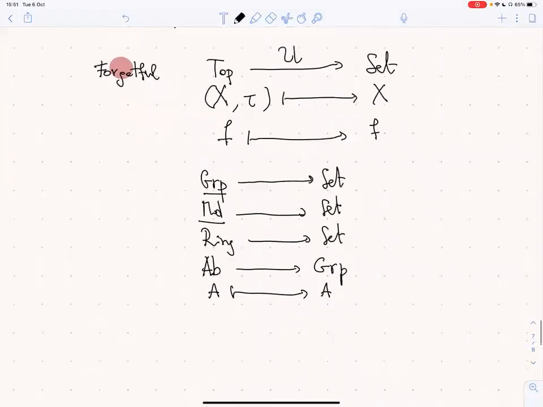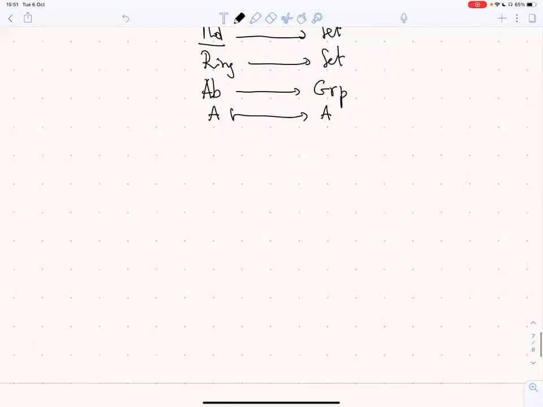Though functors are not always dumb. So let's make an example of a functor which is complicated in a way. The first complicated example is the abelianization functor. This functor goes from Group to Abelian groups.